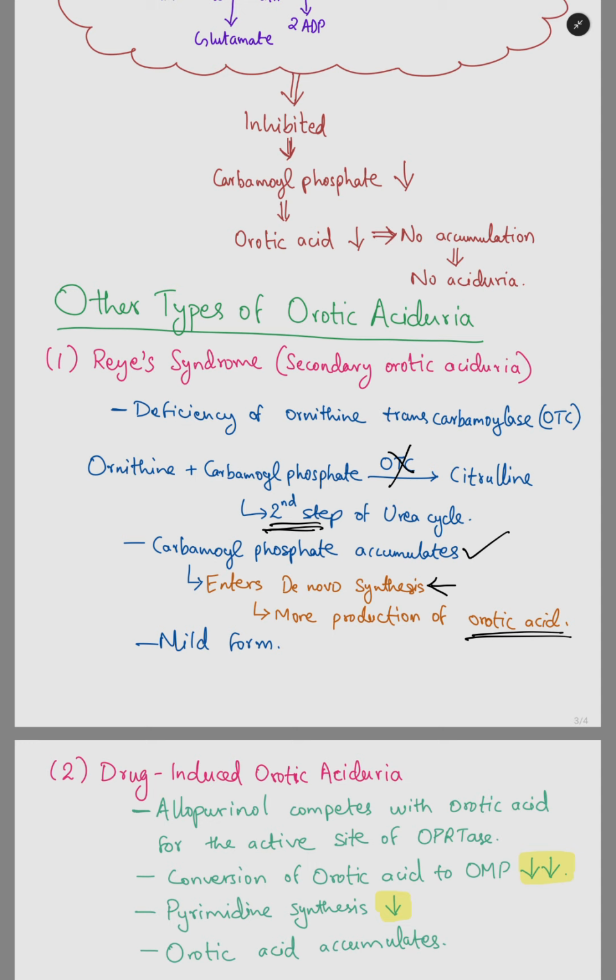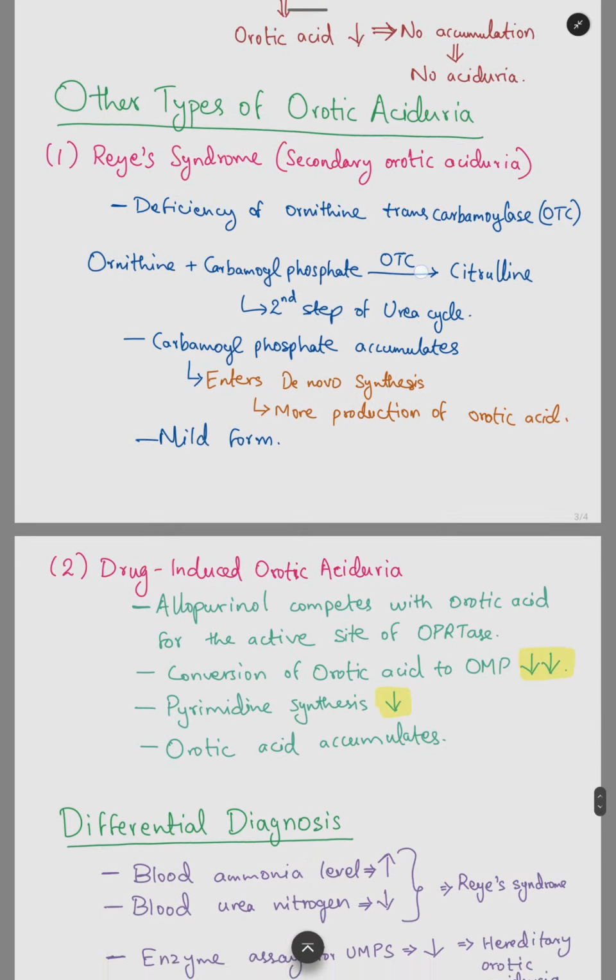Those are active in their normal state. So the orotic acid which is produced excessively is subsequently converted into the next products of de novo synthesis. So that's why the orotic acid will not get accumulated excessively in our body. That is why this Reye's syndrome is a milder form of orotic aciduria. So that is secondary orotic aciduria.